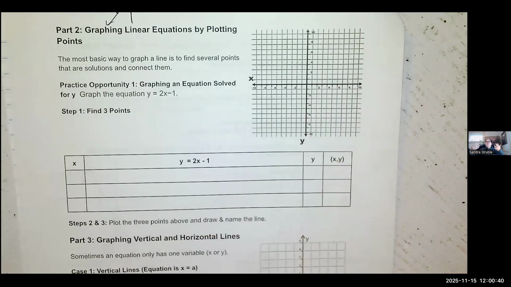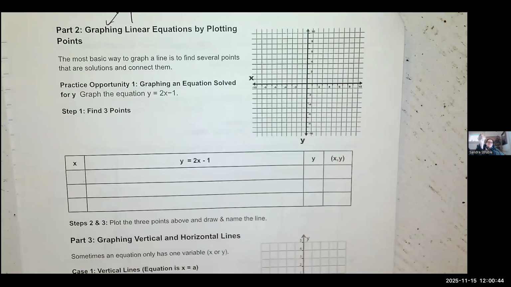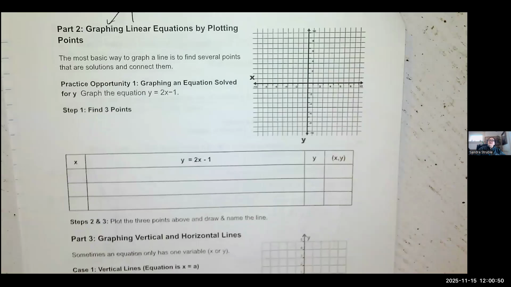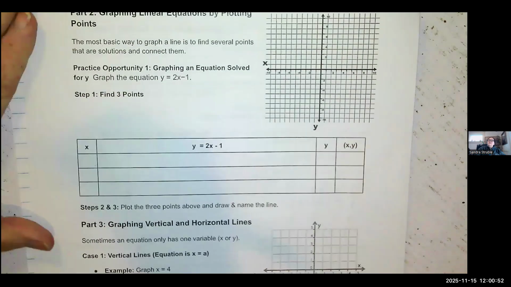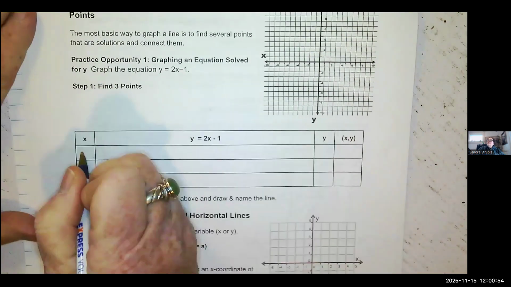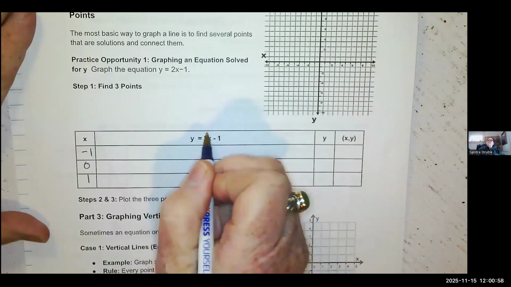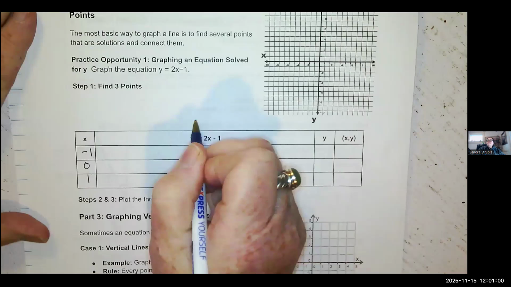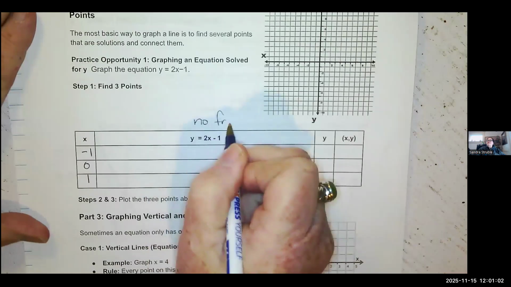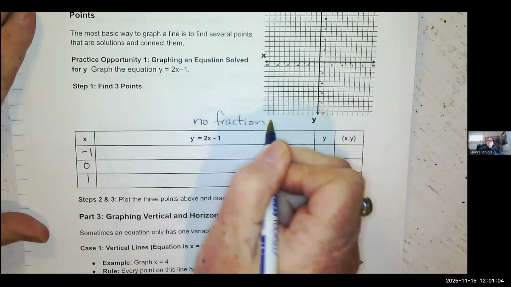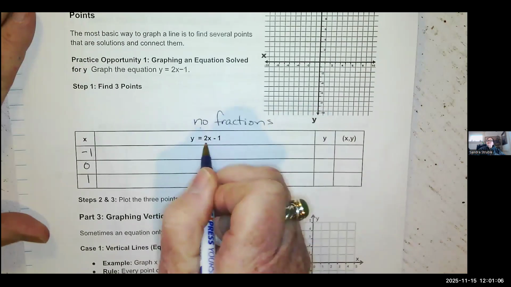I like to stick with my basic 3 that I've used my entire life because I have found they're the easiest ones to do, and people make fewer mistakes. And those are -1, 0, and 1. This is for no fractions, because we will have some with fractions. With no fractions, use these 3 for your x values.